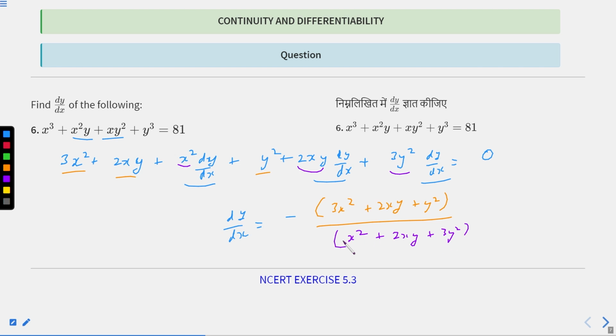So you will have the derivative: minus of 3x square plus 2xy plus y square divided by x square plus 2xy plus 3y square. Very simple and easy to find the derivative, which means dy over dx of the given implicit function in problem number 6.